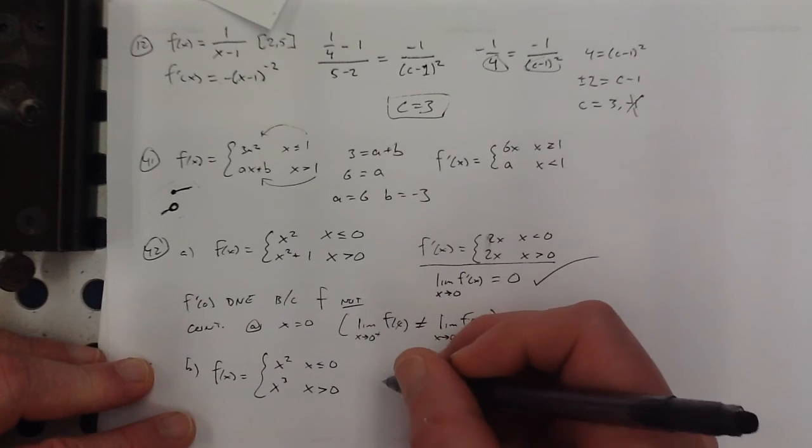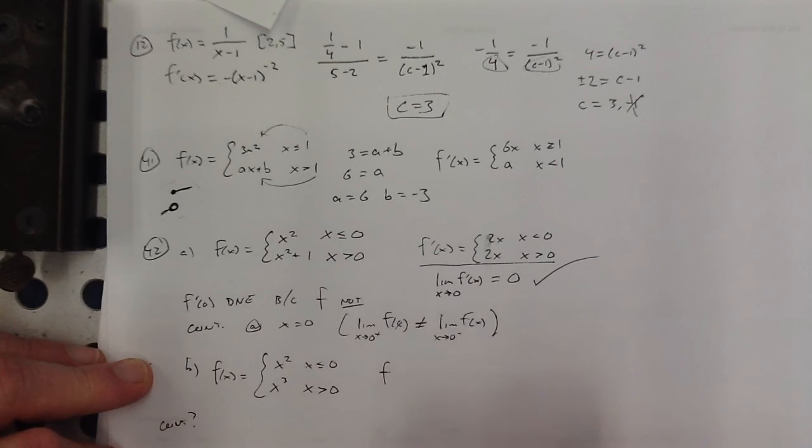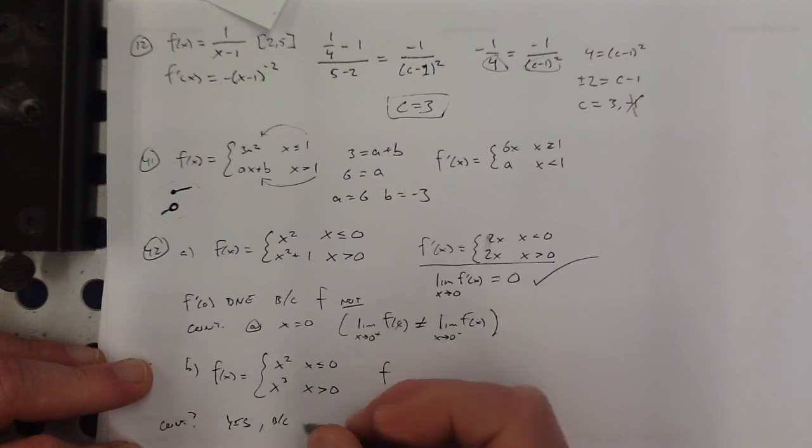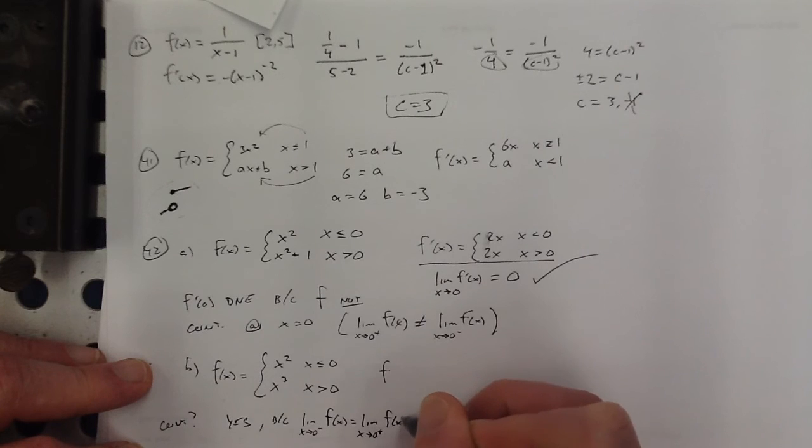Okay, so let's see. Is it continuous? Yes. If you want to get technical, because the limit as x approaches 0 from below is the same as the limit as x approaches 0 from above. Just like what we did there.